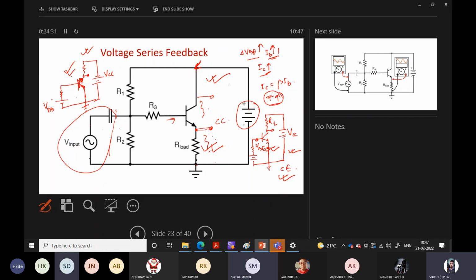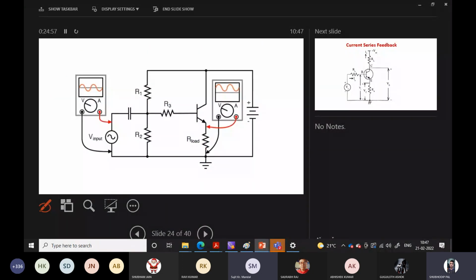Okay. Now, in this circuit diagram, what happens when this resistor is connected? If we change the input voltage, it increases the input current, and due to that the output current is increased, then the voltage drop across this resistor will also increase. I am not taking it across the collector.